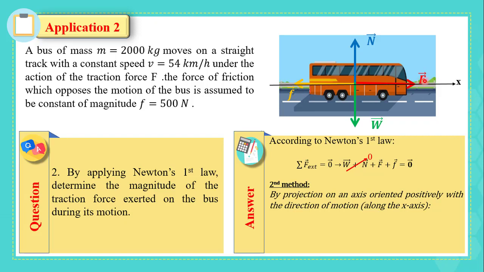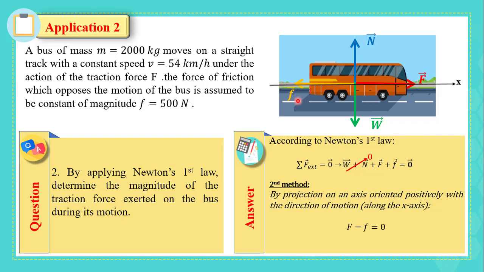Actually, the traction force is applied with the direction of motion, then it has a positive value, whereas the friction force is applied opposite to the direction of motion, or to the orientation of the positive axis, then it has a negative component.